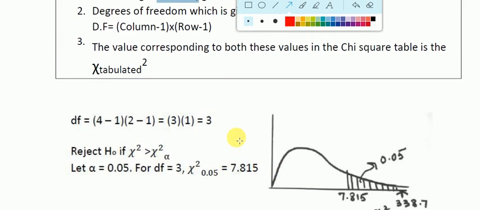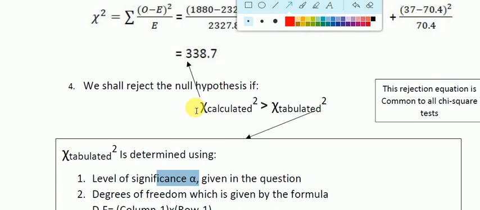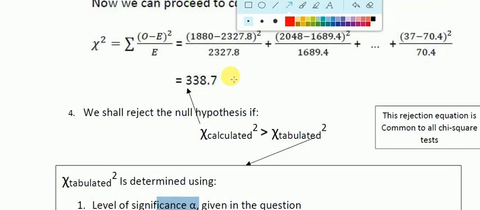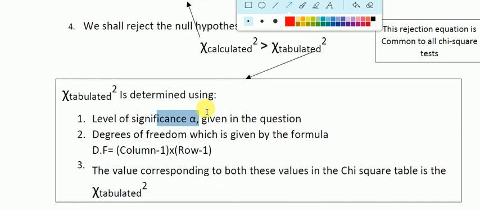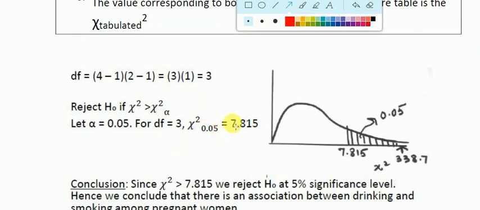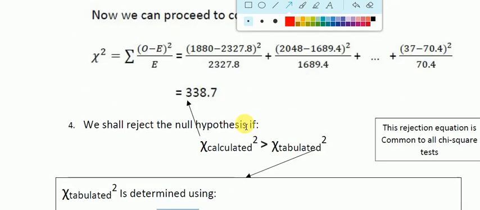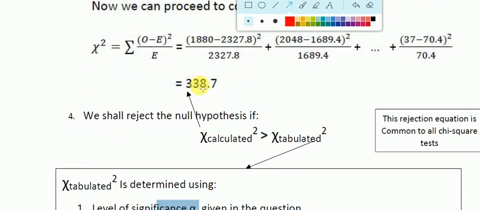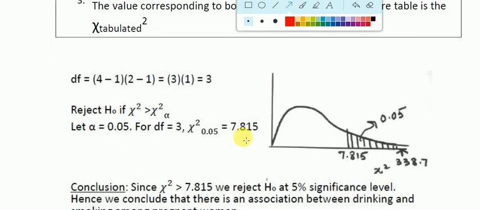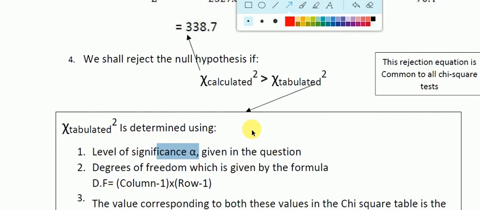What we have to do now is compare both these values. Chi-square calculated is 338.7, and chi-square tabulated is 7.815. So chi-square tabulated is obviously lesser than chi-square calculated, or chi-square calculated is more than chi-square tabulated.